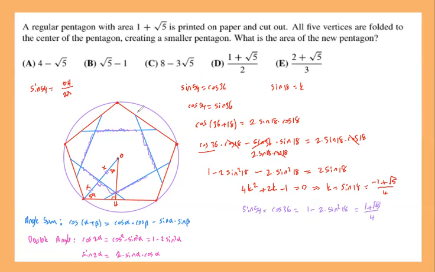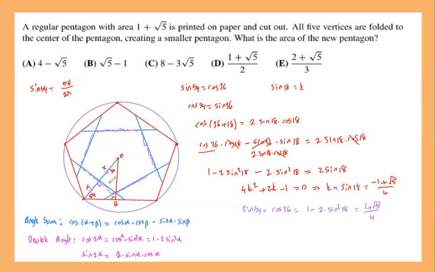So we are almost there. The question was asking us to find the areas, right? So the area ratio, maybe I can use right here. The area ratio is just the square of the side ratio.